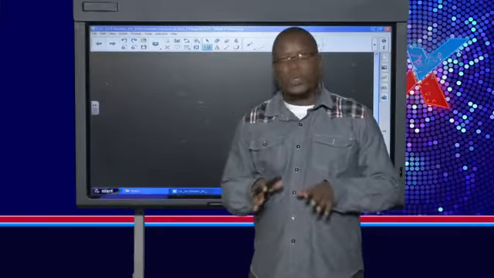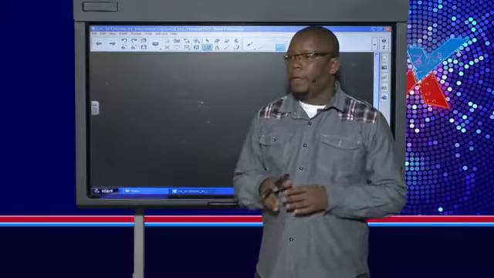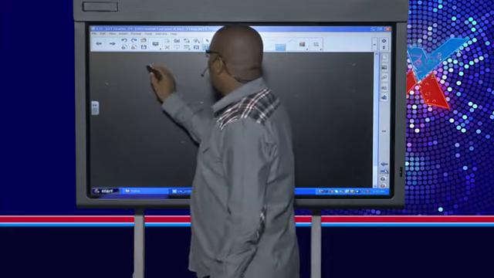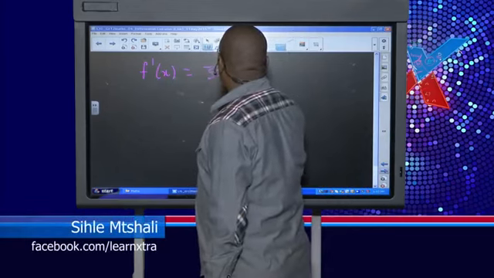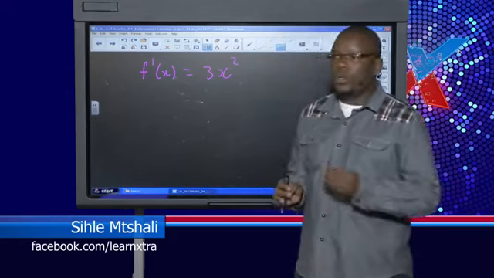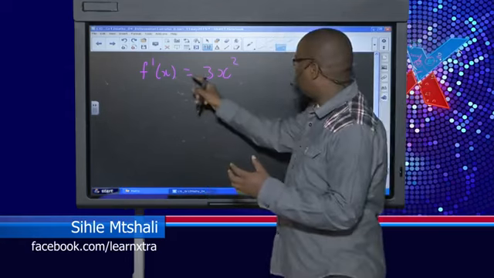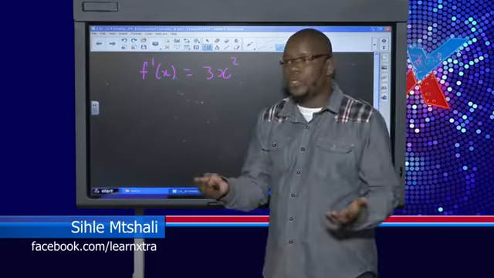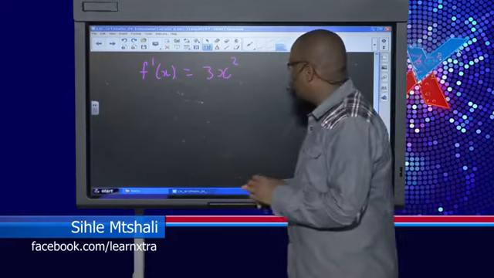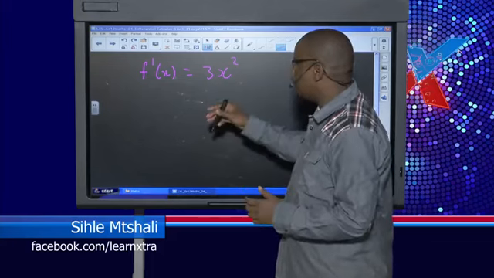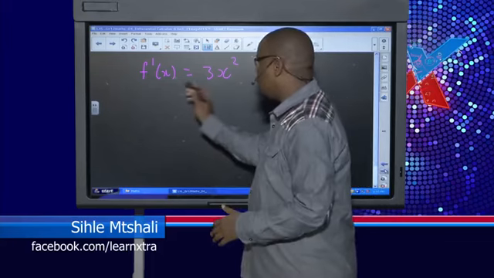integration? Okay. Guys, you're not going to do integration at school level. But if you are, maybe they're giving you f prime x equals 3x squared. So they're asking you, okay, this is your derivative, what was the function? So it's the undo of your derivative. So in simple terms, you go back to the function itself.